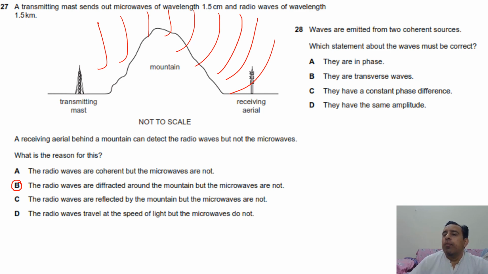The waves are emitted from two coherent sources. Coherent means constant phase difference. Constant phase difference means they must have the same angle between these two. They have the constant phase difference. So option C is correct.